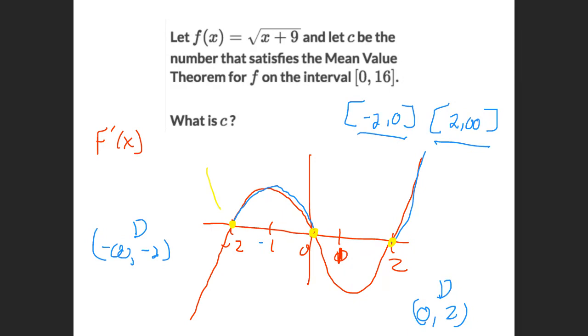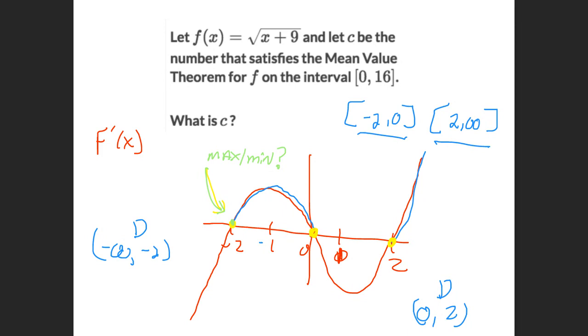Let me change colors. That's not a very good color. You can't see it. Is this value right here a max or min? And how do I tell?